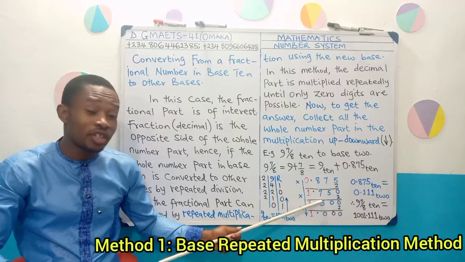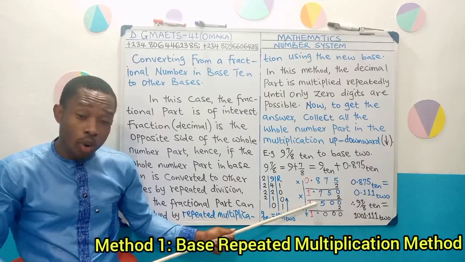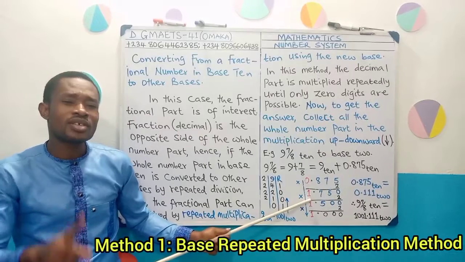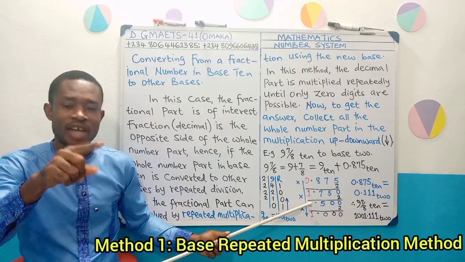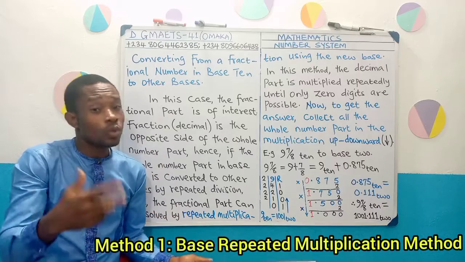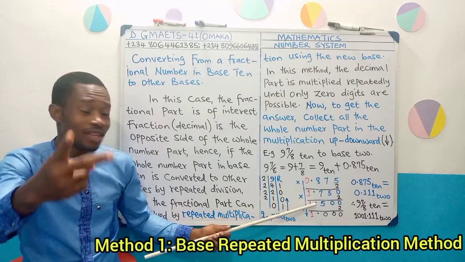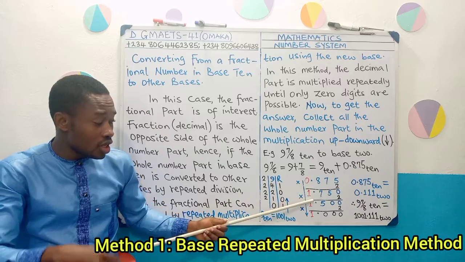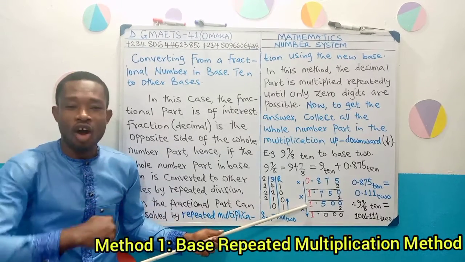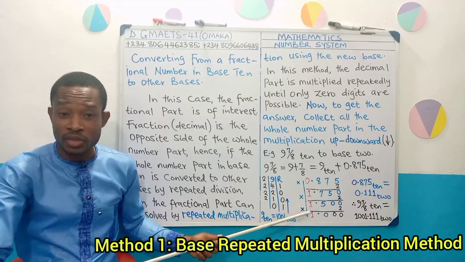So you write the 7 here. Then your point, this thing will be 0, because it's just 1 digit that you got as your answer. Are you following, right? Alright, but in this our case anyway, we're getting 2 digits. So for those 2 digits in the last multiplication here, separate the first digit from the second one. The first digit will form part of your answer in base 2 that you're converting to.